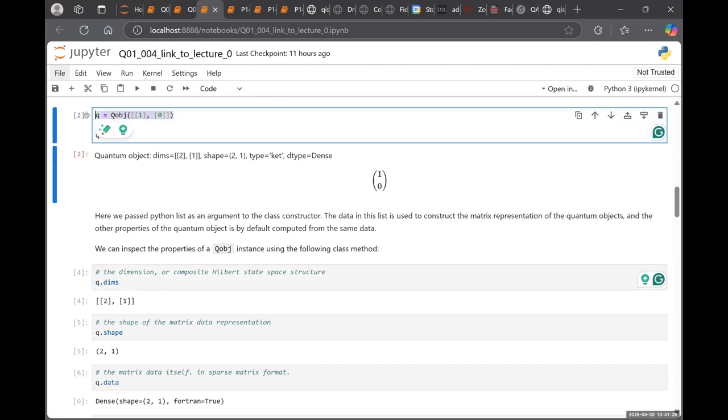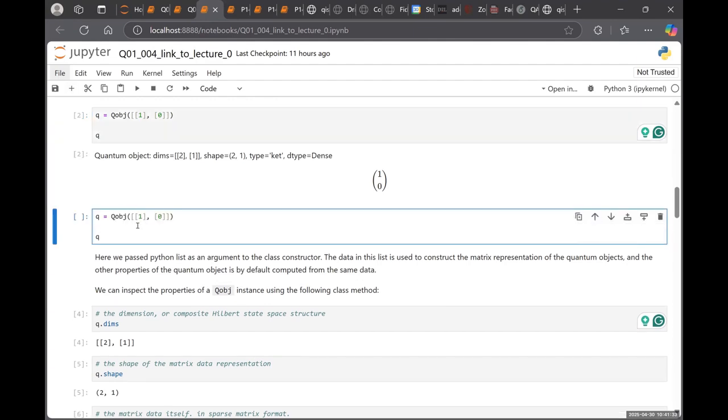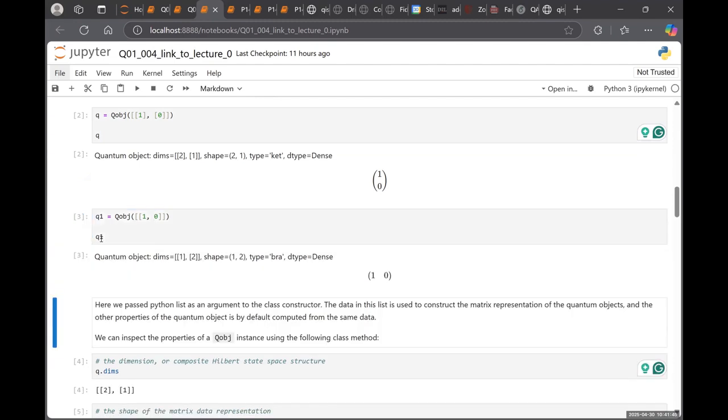Well, since we are playing, maybe let's do something else. What if we have just this? This will be a bra, right? So this is ket and that's bra.